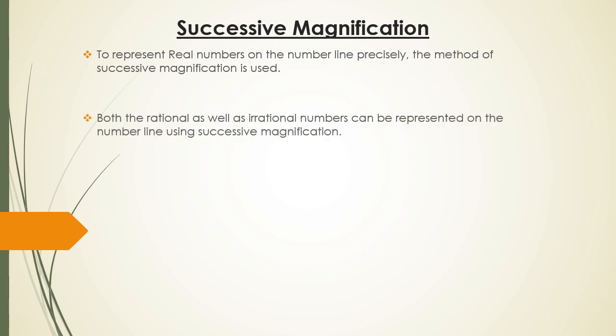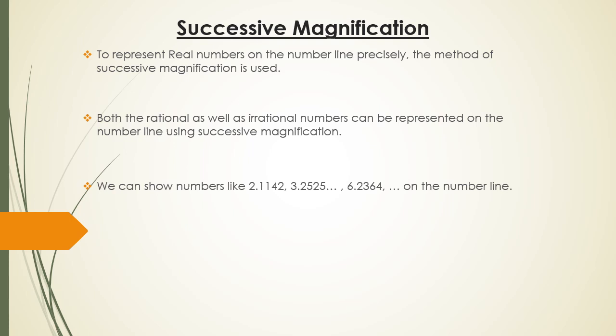Both rational as well as irrational numbers can be represented on the number line using successive magnification. We can show numbers like 2.1142, 3.2525, 6.2364, and many other numbers on the number line. So today we will see how exactly we can show such numbers on the number line.